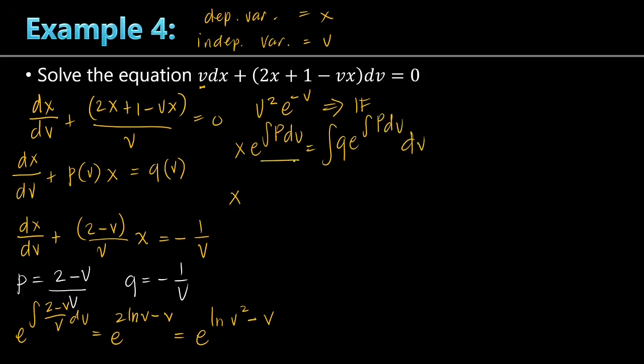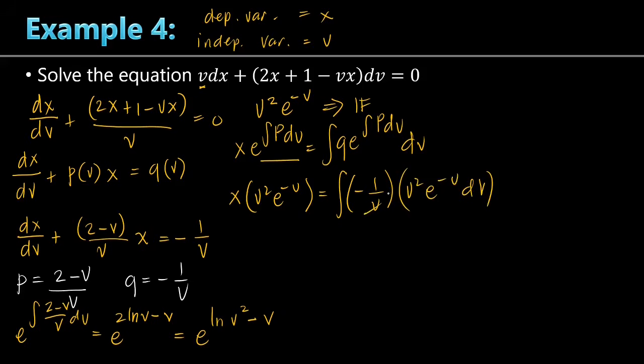So, ito, ang ating integrating factor, papalitan na natin ng v squared e to the negative v. So, v squared e to the negative v equals sa integral of q. Kung saan ang q ay negative 1 over v. Ayan, kopyahin mo lang, 1 over v, negative, times v squared e to the negative v dv.